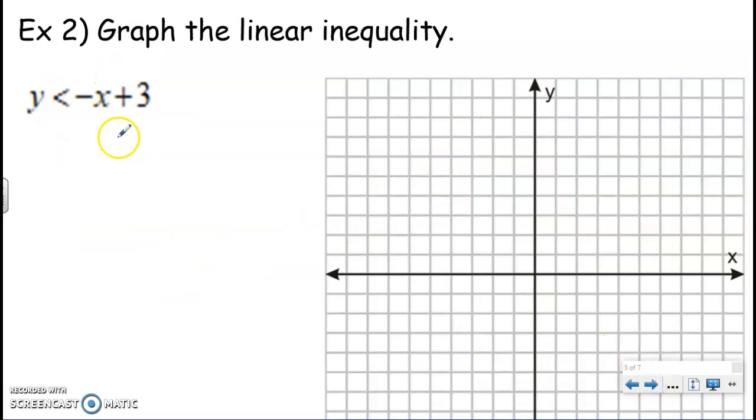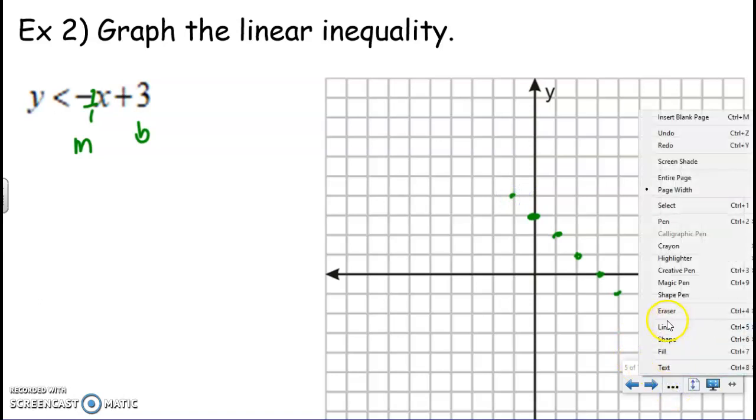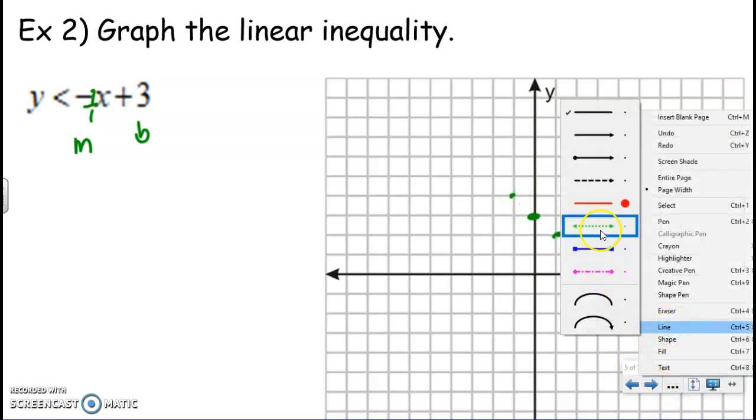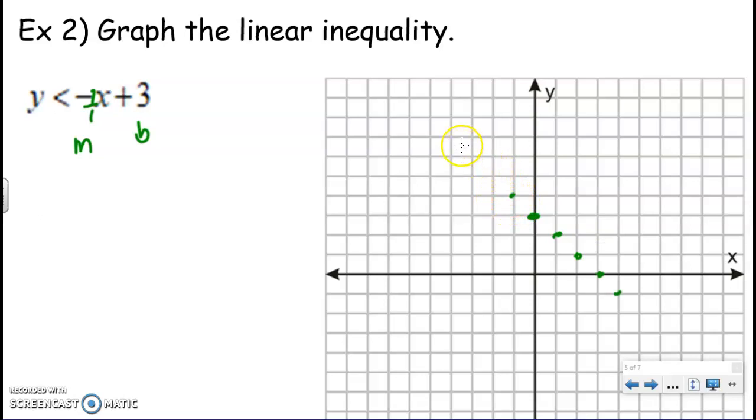Okay, another one in slope-intercept form. We are going to do m, which is really -1 over 1, and b, which is 3. So I'm going to start at 3, and I'm going to go down 1 over 1. And then I'm going to draw a dotted line this time, because it doesn't have the equal to sign.